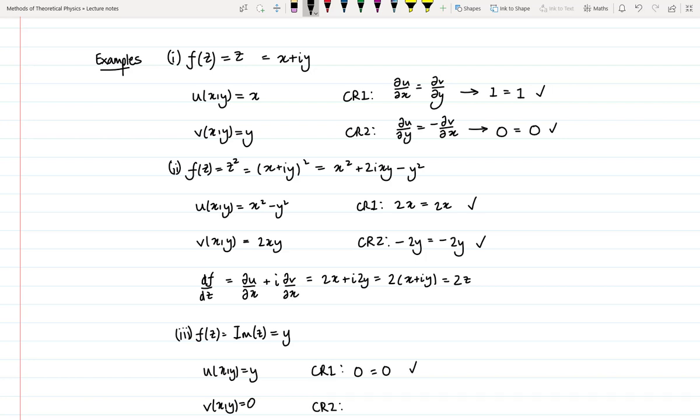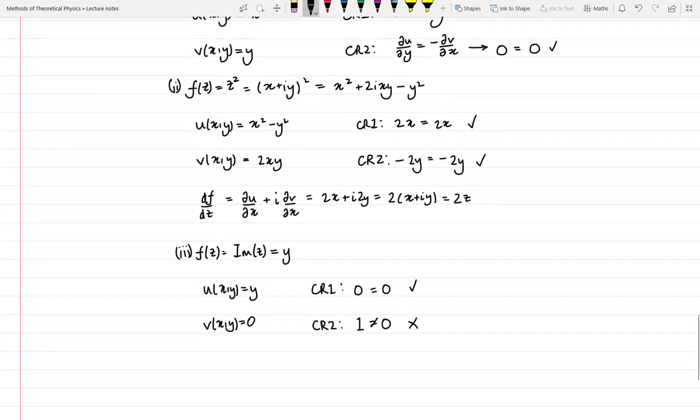The second Cauchy-Riemann condition, du by dy is 1, and minus dv by dx is 0. This is not true. So the second Cauchy-Riemann condition doesn't hold, and therefore f of z is the imaginary part of z is not complex differentiable.